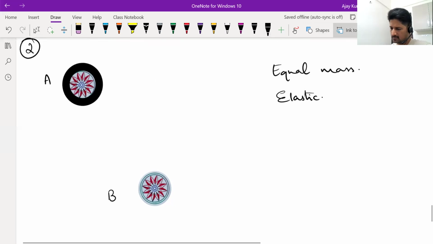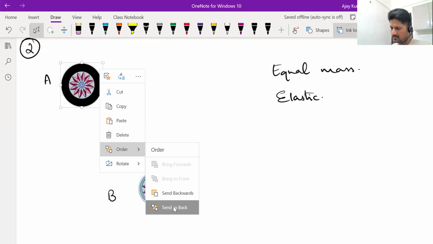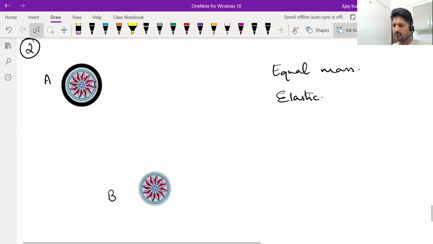V1 equal to U2, sir. So we can say that their velocities get exchanged. When two objects of equal mass undergo an elastic collision, their velocities will get exchanged along the line of impact. Means first object's velocity along line of impact will go to the second object. Second object's velocity along line of impact will come to the first object.